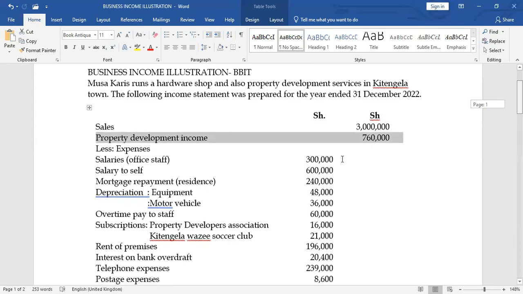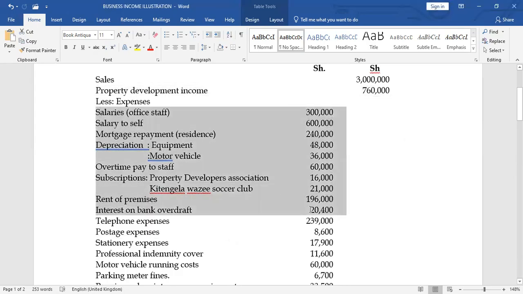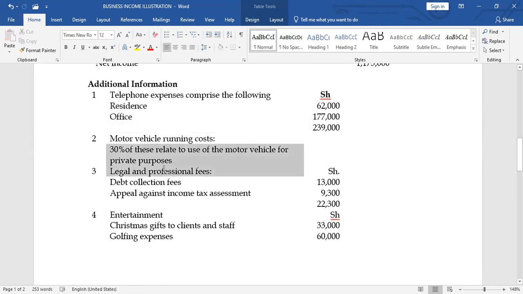So can we run through the expenses up to the ones that you are seeing on your screen? You have the expenses. As usual, let me show you what the question is looking for. There's additional information: telephone, there's for the residence where he stays, and also for the office. Motor vehicle expenses, you are told 30% of them is private.